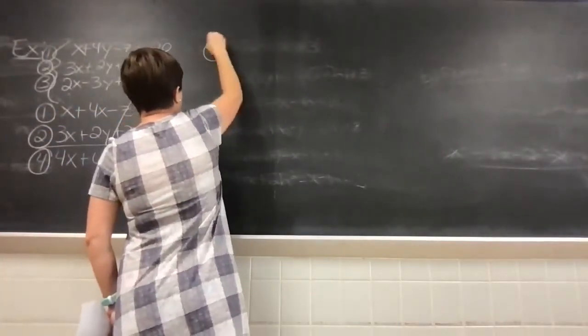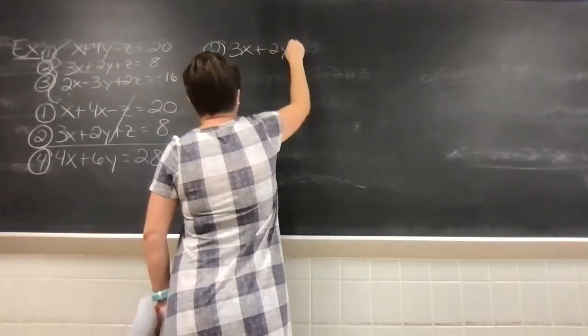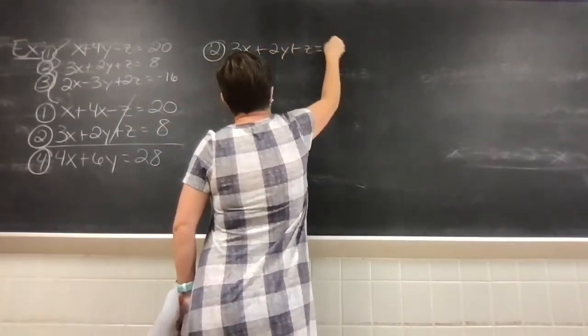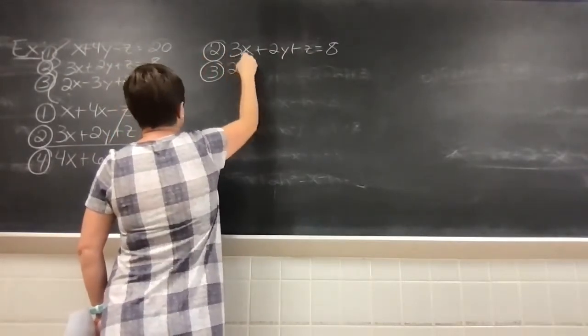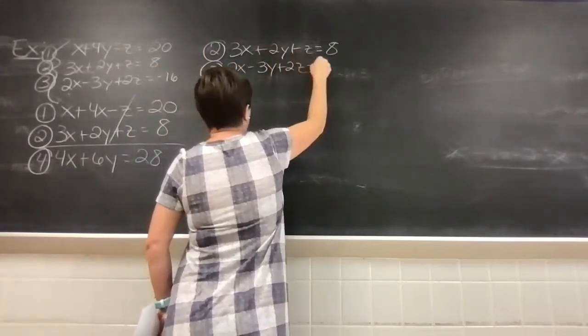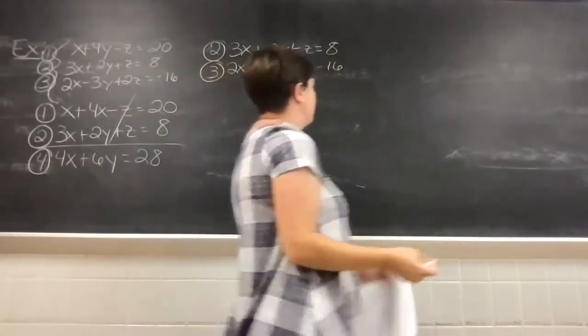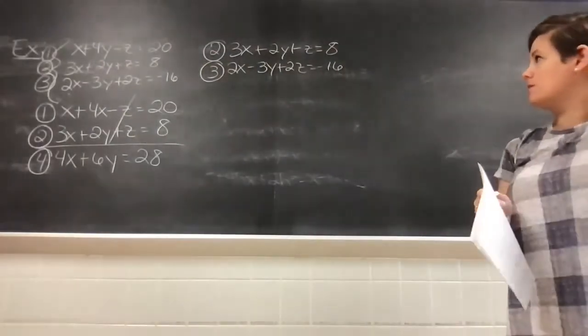So now I'm going to look at equation 2 and equation 3. Once again, this time I don't get to pick and see which one looks the nicest to eliminate.